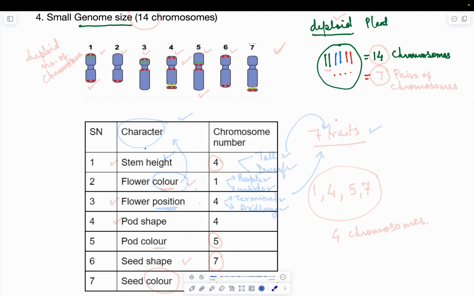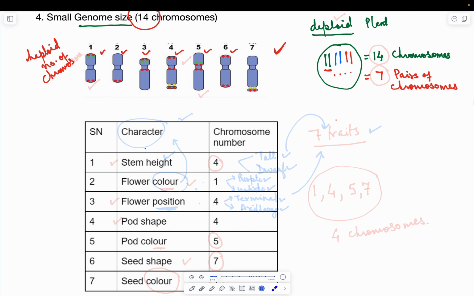So in total, pea plant has 7 pairs of chromosomes, right? These pairs of chromosomes, you already know, are known as homologous chromosomes. So the genome size was very small. It had only 14 chromosomes. This picture is showing a cell with only a single set of chromosomes, so that's why it has only 7 chromosomes. Such a picture you can call a haploid set of chromosomes. So this is the haploid number of chromosomes in a pea plant.